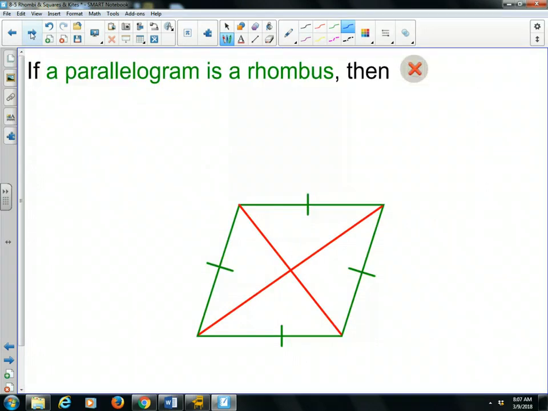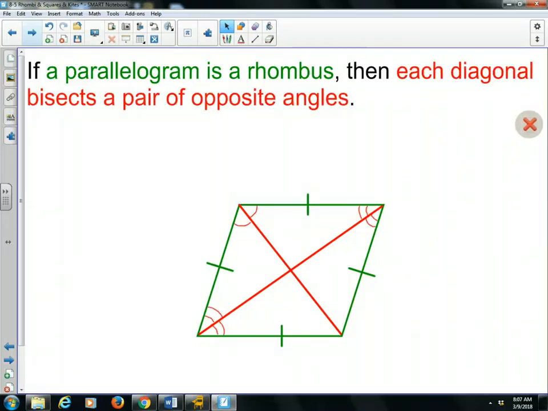Here's the rhombus first. In a rhombus, the hypothesis: if a parallelogram is a rhombus, our conclusion for this if-then statement is that each diagonal bisects a pair of opposite angles. So let's say this angle right here is 70 degrees. If that's 70, the diagonal is an angle bisector, so each angle is now 35 degrees.